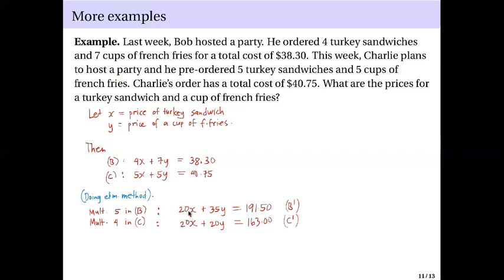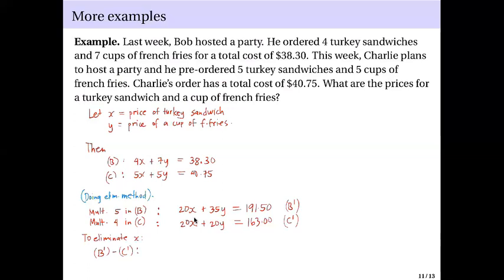Notice that only x has the same coefficients, y is different, which means we are forced to eliminate x. To eliminate x, we subtract B prime minus C prime.